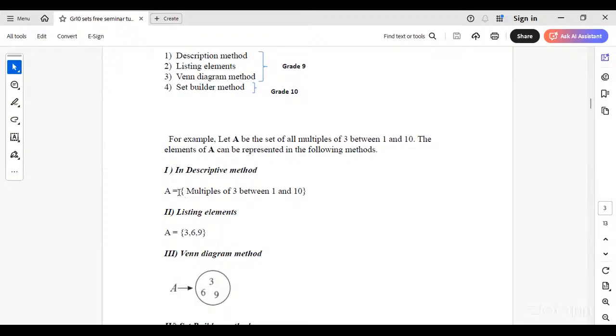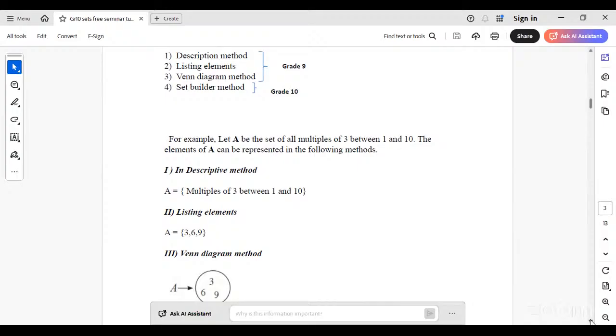So we describe the elements of A in words. That is called the description method. Number 2 is listing elements. You write A equals, and the multiples of 3 between 1 and 10 are 3, 6, 9. That is the way of listing elements.